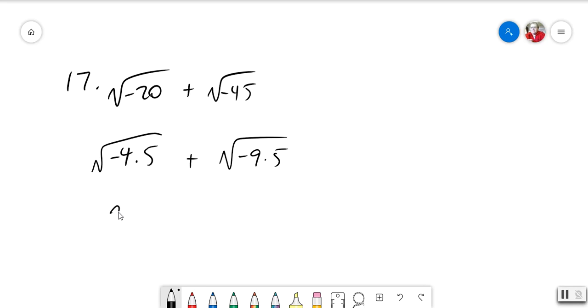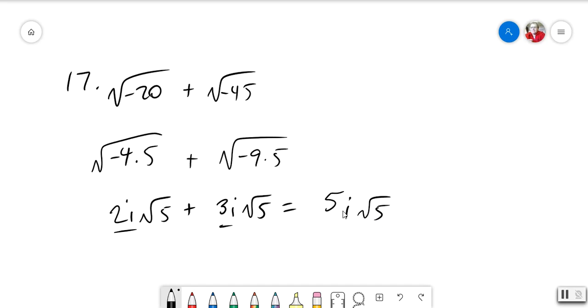Negative 4 comes out, 2i. Negative 9 comes out, 3i. So 2i plus 3i is 5i, root of 5. That's your answer there. So that really covers sums and differences of radicals.